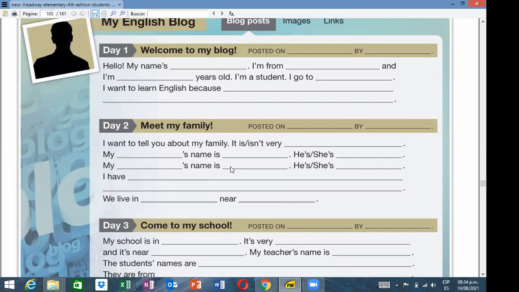My father's name is Juan, and he's a taxi driver, something like that. Okay. The idea here is that you complete about your family. That's why here we have the title, Meet My Family. And if you want, you can add more information. It depends on you.